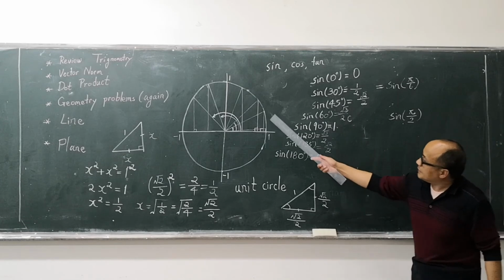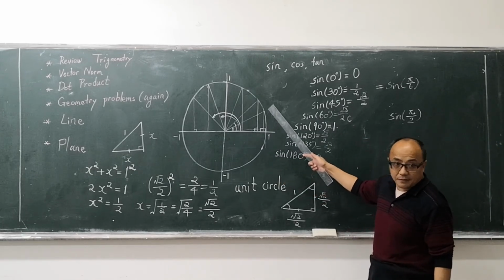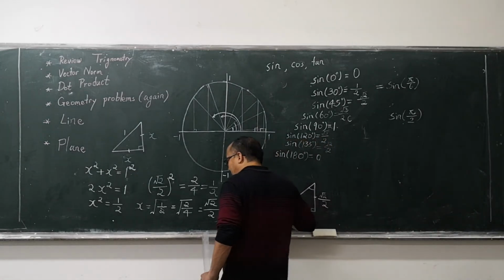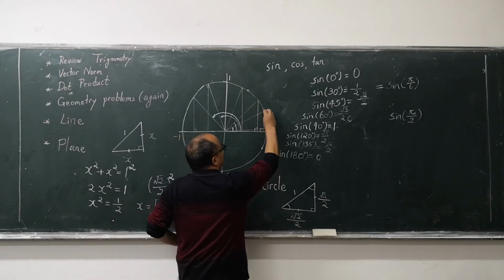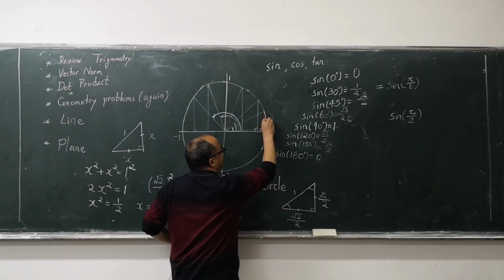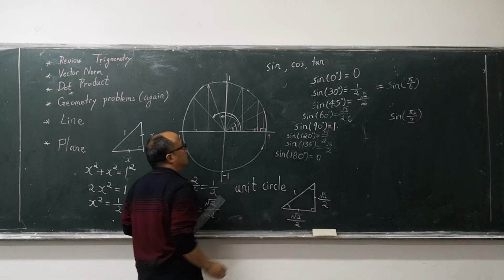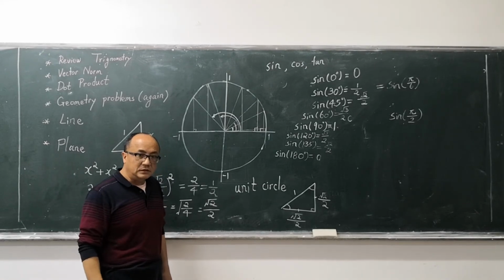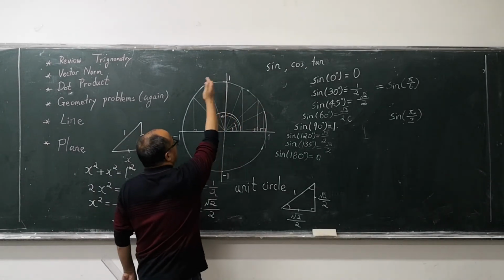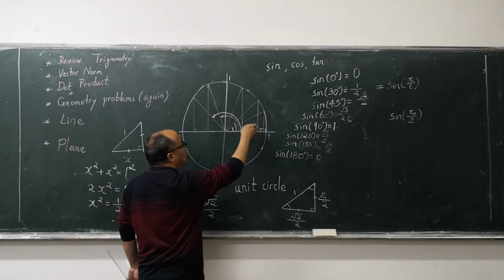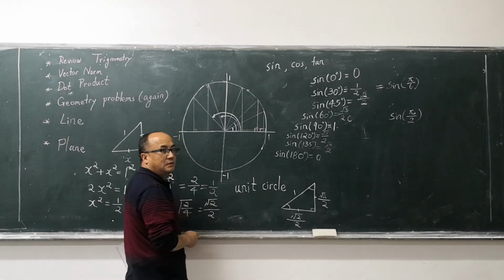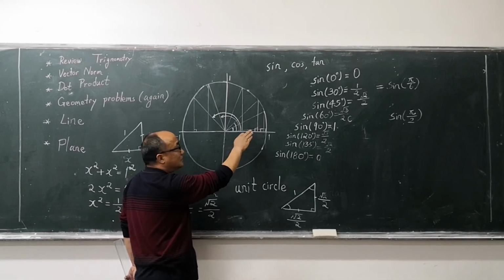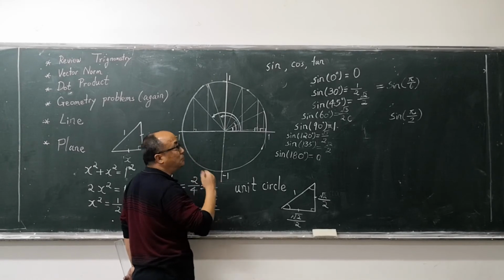This is 30 degrees. Let's talk about it here. And the length of this curve. What's the length of this curve? First of all, what's the length of the whole circumference? 2 pi.